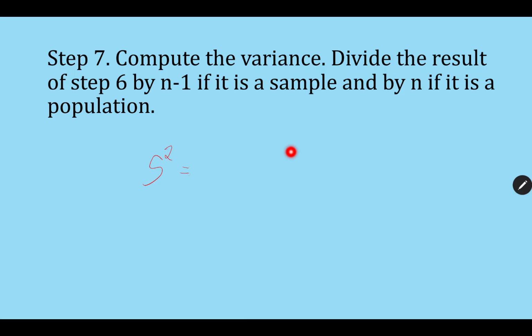Okay, so from step number 6, we have, since this is a sample, then we use the notation s squared. We have here 70712515, and then divided by our n minus 1, so we have 60 minus 1. So that would give us the variance. Okay, let me compute this.